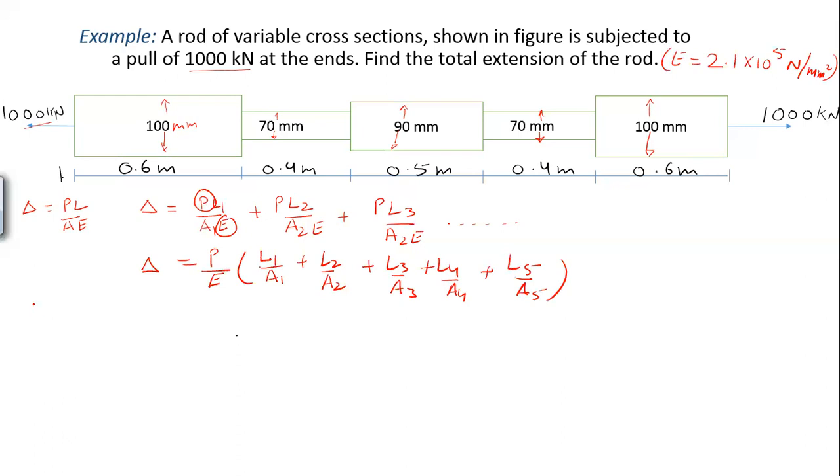So the area A1, the area of cross section for this section, is equal to pi by 4 into d square, which is pi by 4 into 100 square. If we calculate this, it will come out to be 7854 mm square.